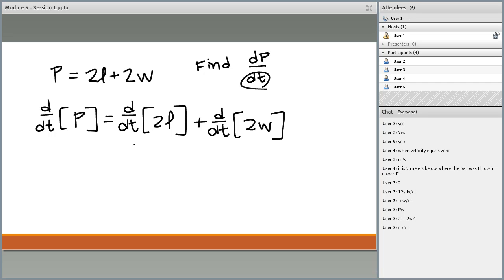The perimeter is actually a little bit nicer because on the right side, we don't have two functions multiplied together. We just have 2L and 2W. So we don't have to use the product rule. On the left, we get what we're solving for, just like we did with the area. And on the right, the constant stays where it is. What's the derivative of L?